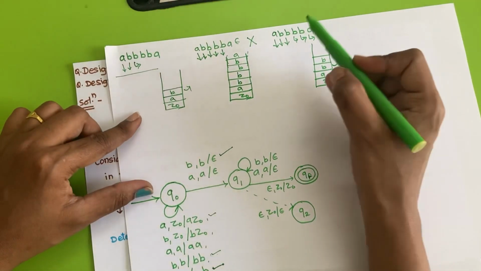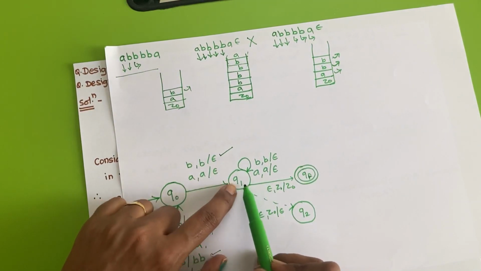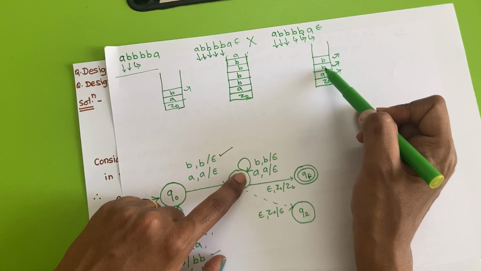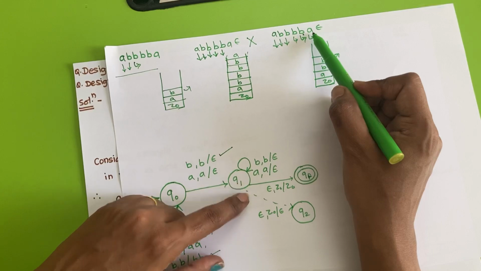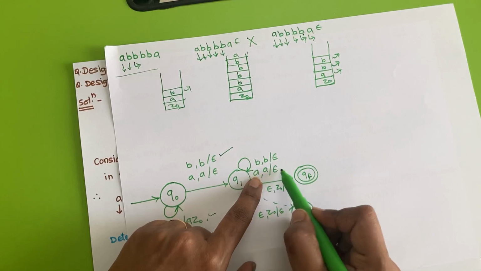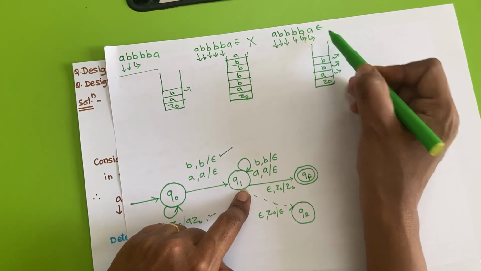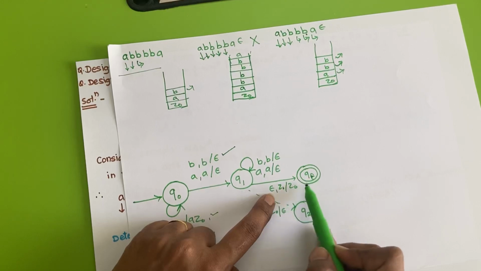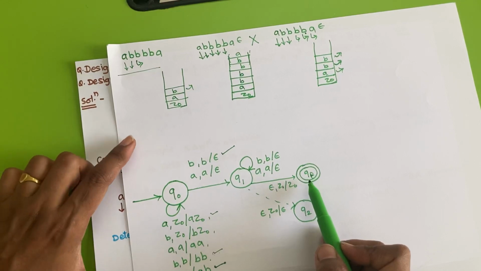So for this B we have performed a pop operation and we will reach state Q1, and for the remaining B, top of stack is again B, so it will again perform a pop operation. So this B also gets popped off. Now next we are reading input symbol A and top of stack is A. By this transition A will be popped off. Now we are reading symbol epsilon and top of stack is Z0. So we reach state QF performing no operation on the stack, and it goes to the final state by acceptance through final state.